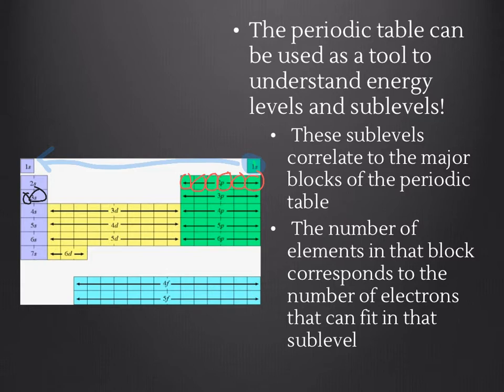Now remember, I said you could only fit 2 electrons per orbital, so 6 divided by 2, that means there are 3 p orbitals. So you actually don't need to memorize those numbers on the previous page. If you understand how to use your periodic table, then you'll understand how to make an orbital diagram, and then the next thing, which would be how to make an electron configuration.